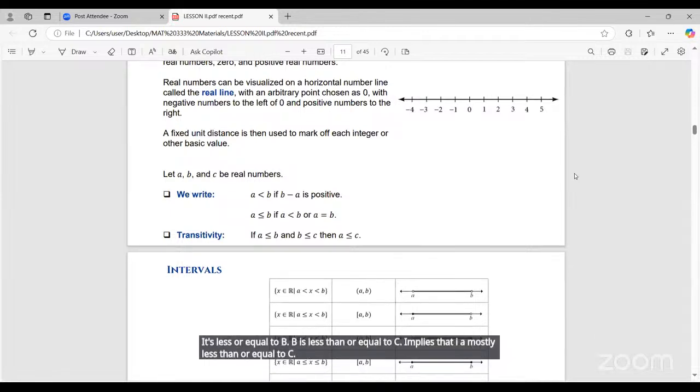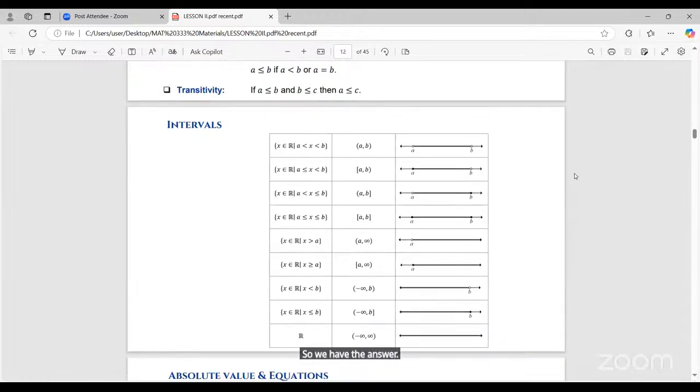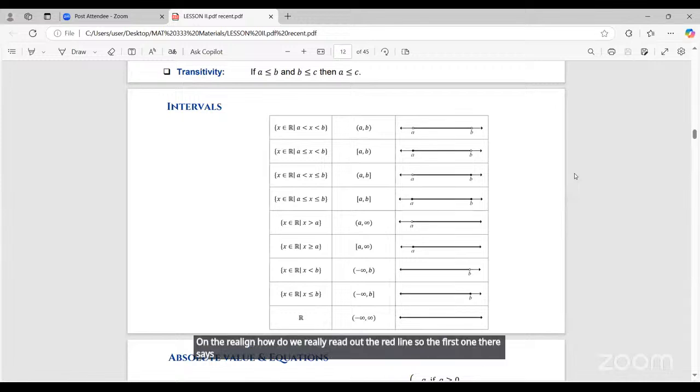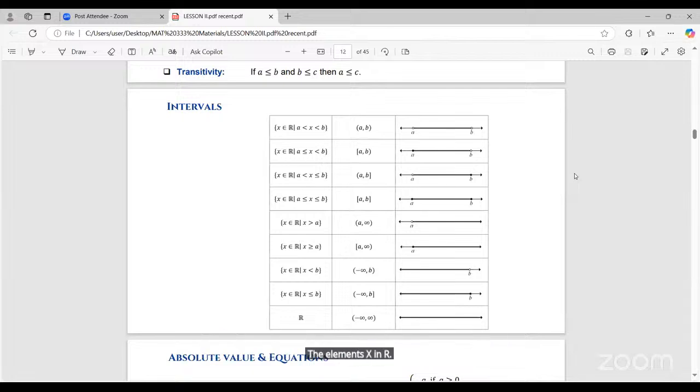So we have the interval on the real line. How do we read it? The first one says the element x in the interval is read as x such that x is strictly greater than A and strictly less than B. This is what we call our open interval.